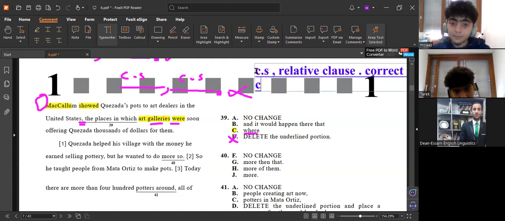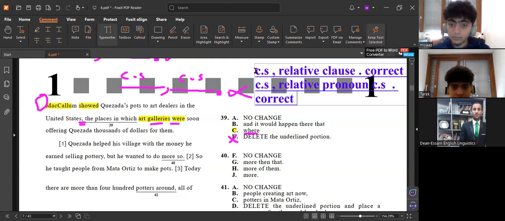So how about this one? Complete clause, comma, relative pronoun, and then a complete sentence, full stop, and that is correct again. So it's just a simple difference.